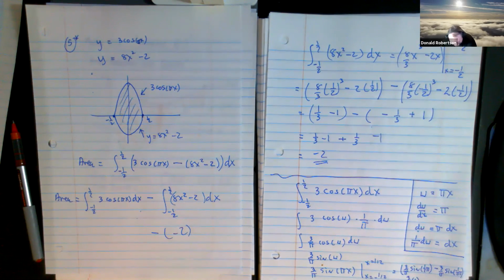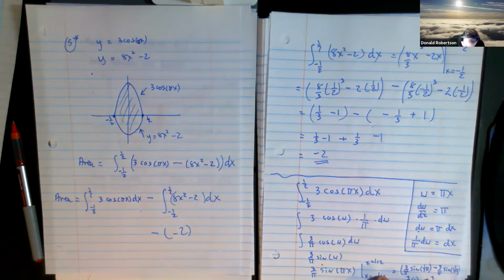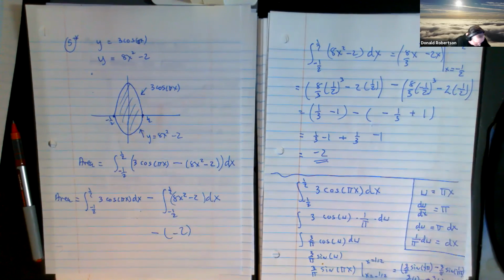And does anybody know what the sine of -1/2 pi is? That's a bit sneaky. Do you know what it is? You could probably plug it into your calculator and find out that it's -1. You trust me on that? It's -1. So this guy gets you 2 negatives, make a plus. Oh, 6 over pi.